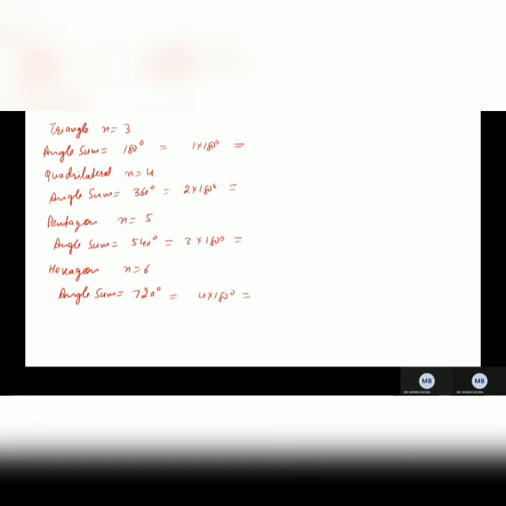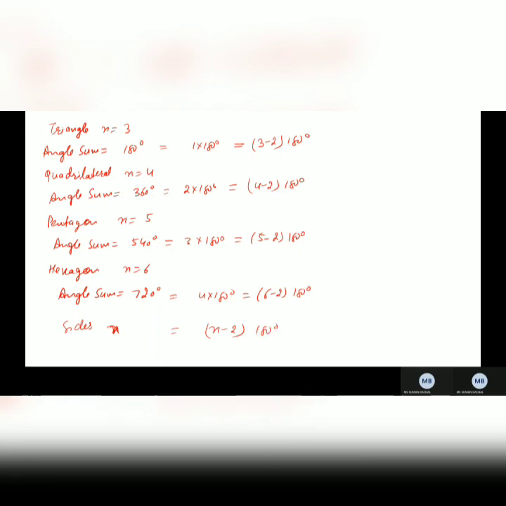You can see this 1 is 3 minus 2, and this 2 is 4 minus 2, and this 3 is 5 minus 2, and this 4 is 6 minus 2. I can write it as (3 minus 2) into 180, which will give you 1, then (4 minus 2) into 180, then (5 minus 2) into 180, and (6 minus 2) into 180. And if the sides are n, then it is (n minus 2) into 180.